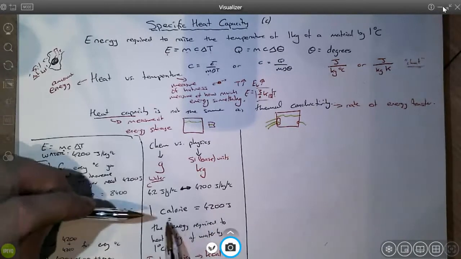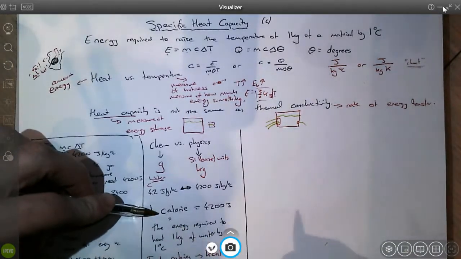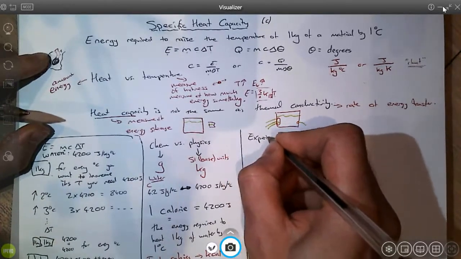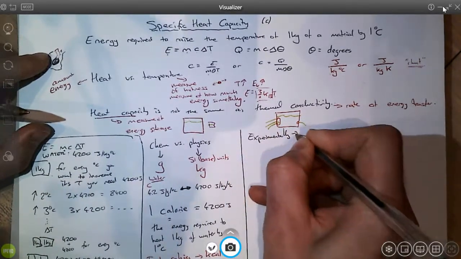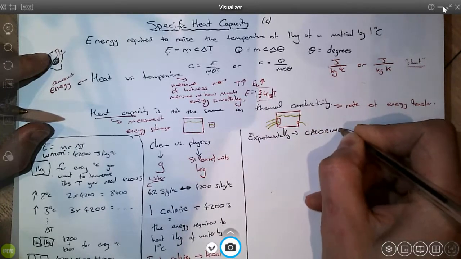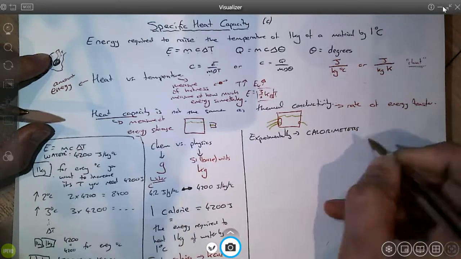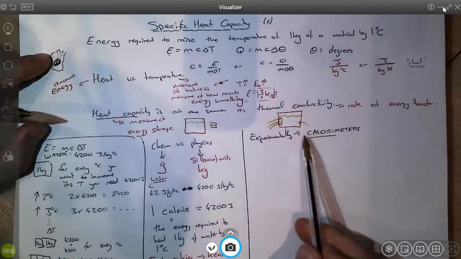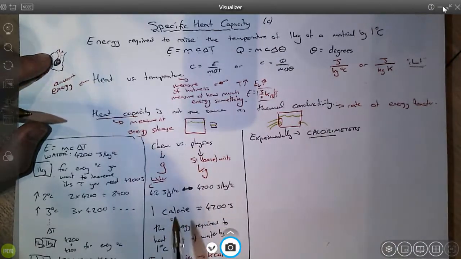So the other reason for introducing calorie is because when we actually come to measure heat capacity experimentally, we use calorimetry or calorimeters. And it's useful for students to make the link between this part of the word and calorie.